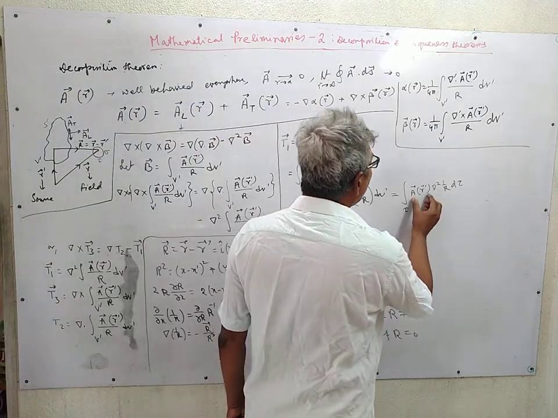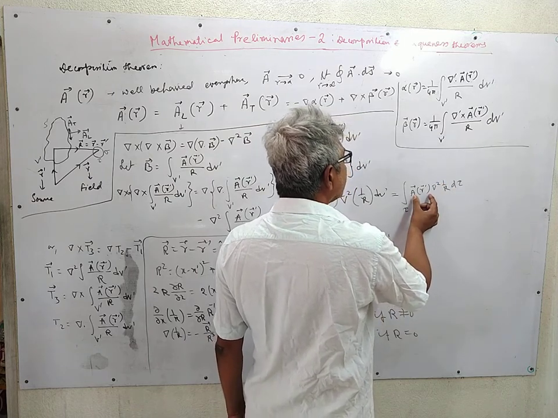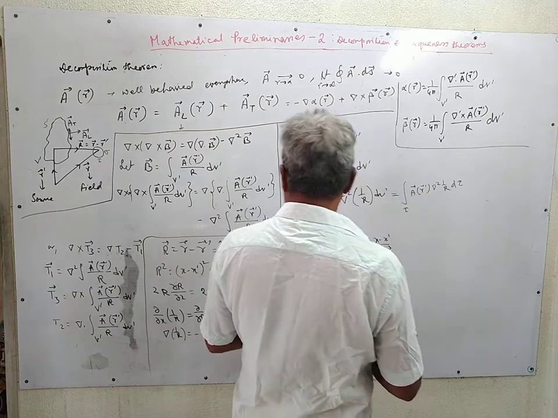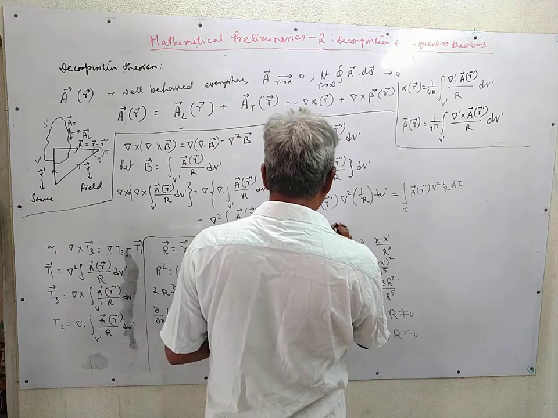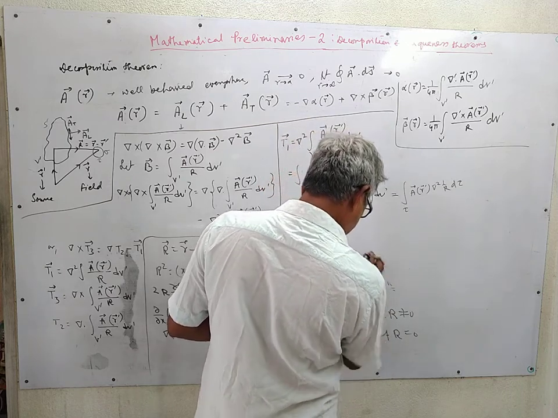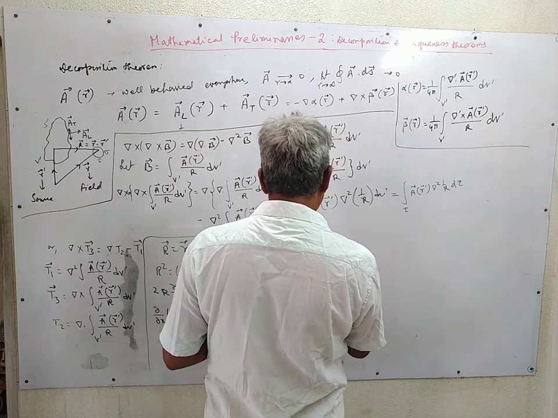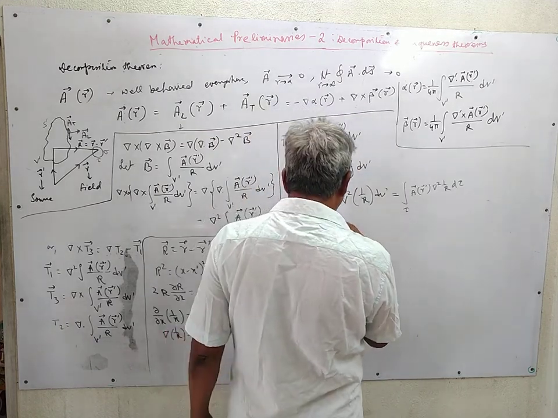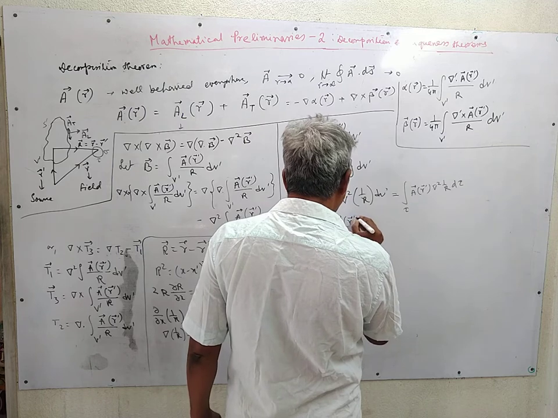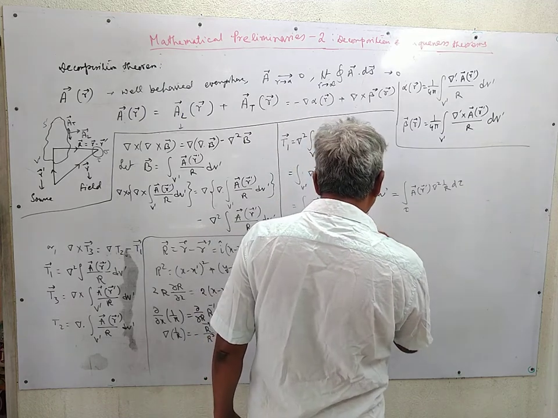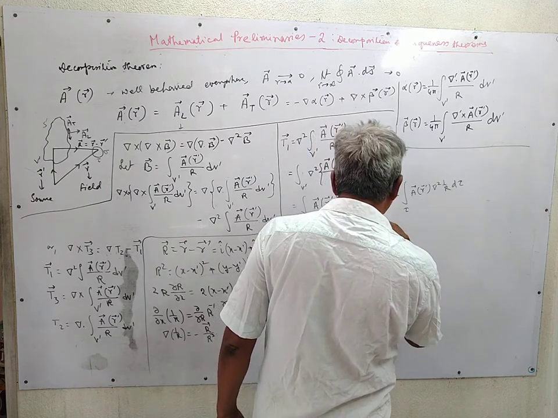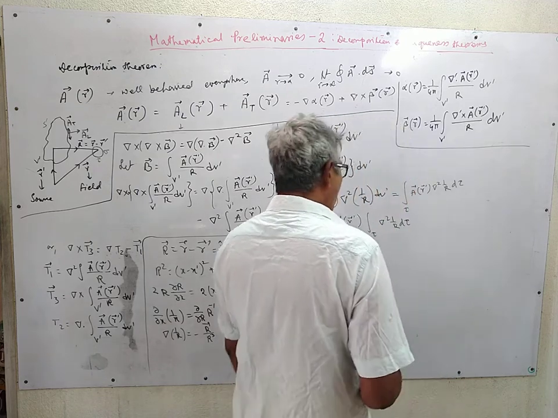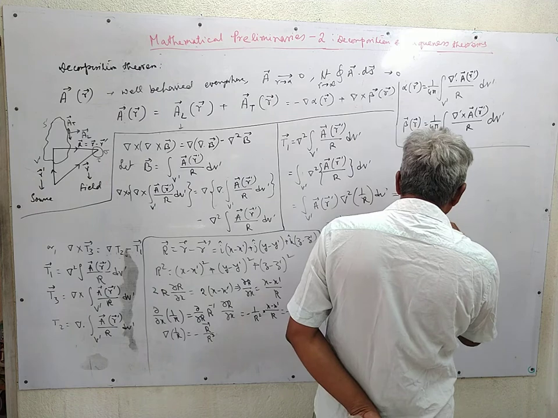Furthermore, since the volume is very small, over which A doesn't have any appreciable change, the quantity A can be taken out of the integration sign, and we write this T1 as A at r times the integration over tau of nabla square 1 by R, where tau tends to 0.